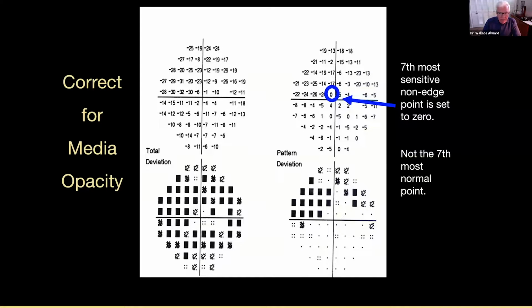Not the 7th most normal point, but the 7th most sensitive point. So in this case, that's -6 decibels. So that whole expected hill of vision is set down. And then when you correct everything for that, you end up finding this superior arcuate defect.